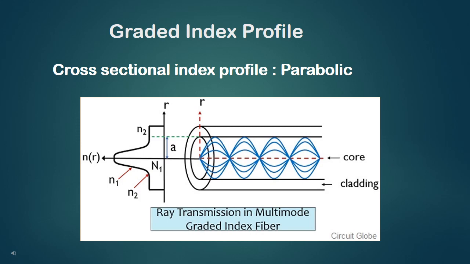This leads to reduced intermodal dispersion in graded index multimode fibers. These fibers are the most expensive type of optical fibers, and they are widely used for telephone loop distribution systems.